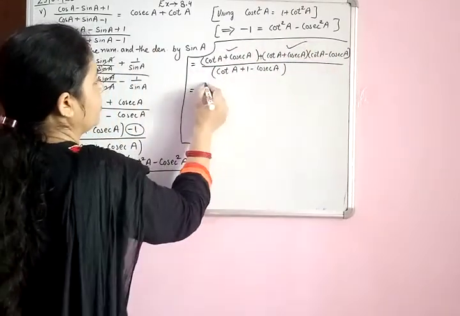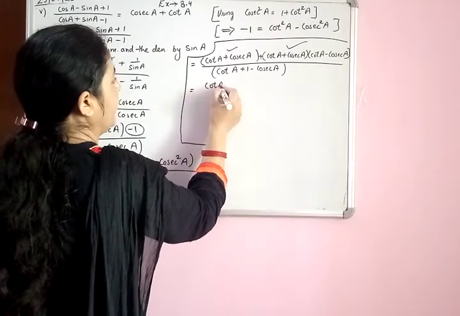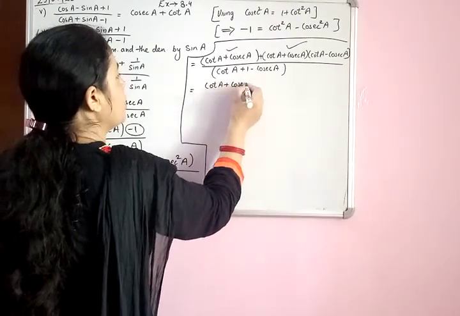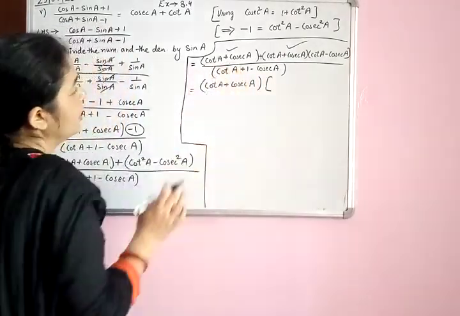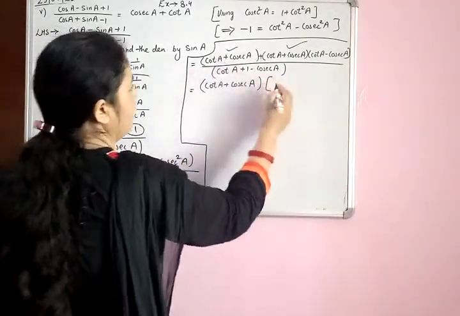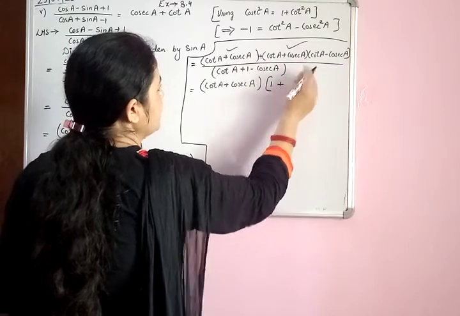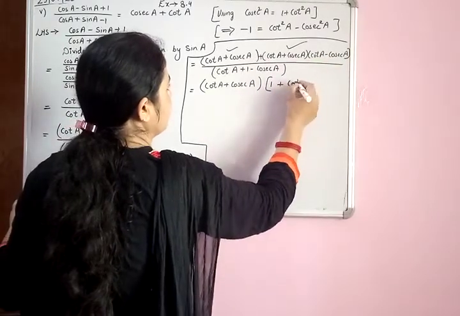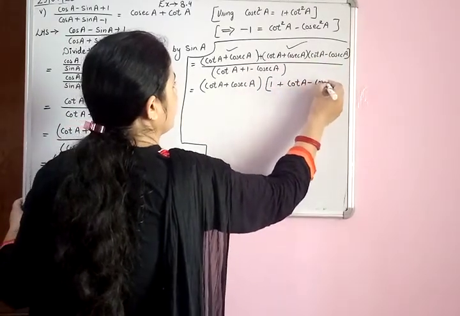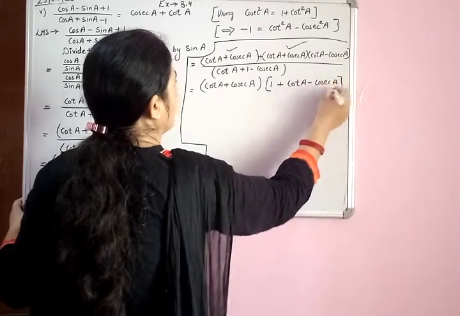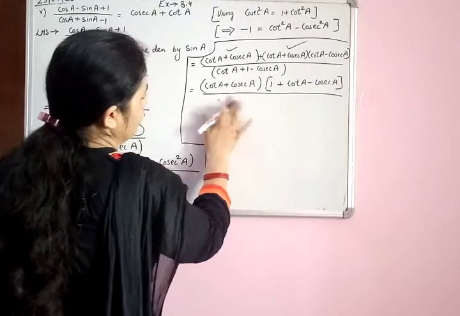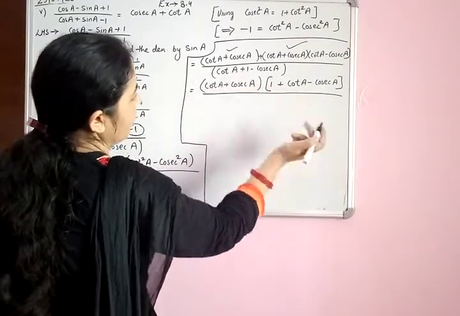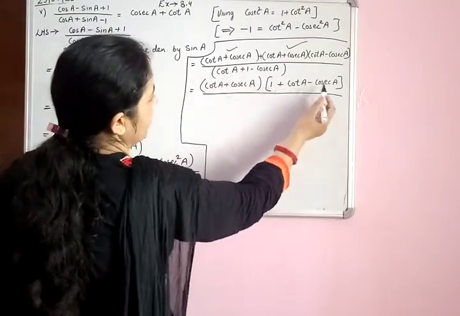If you take cot a plus cosec a common, then here we have 1 plus cot a minus cosec a, upon 1 plus cot a minus cosec a.